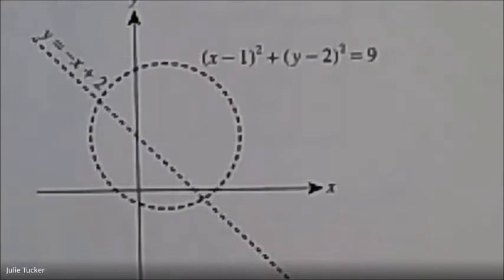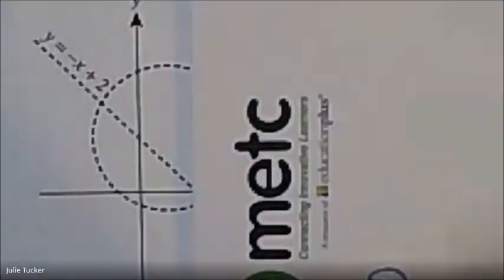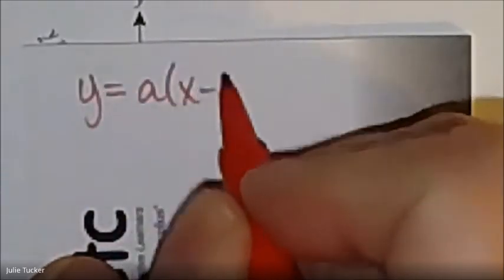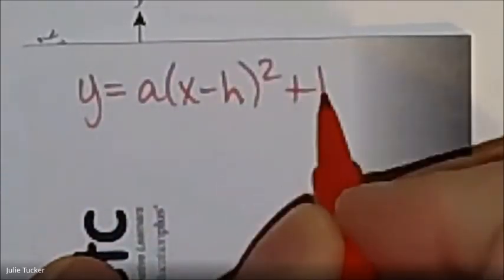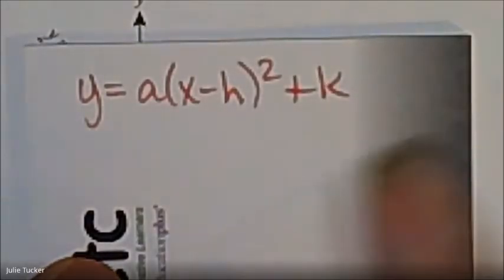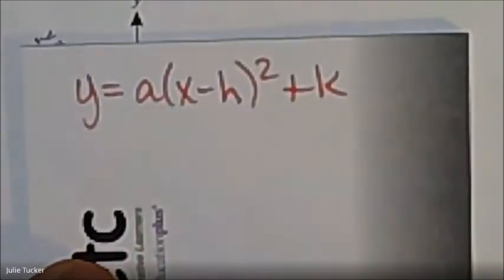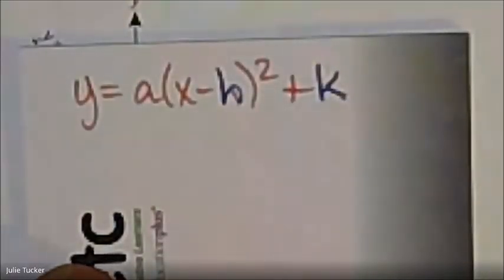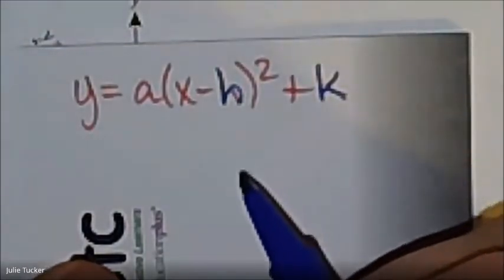You remember that when it's a parabola, it's like this with the H and the K, and the H and the K make the center of the vertex point in the parabola.